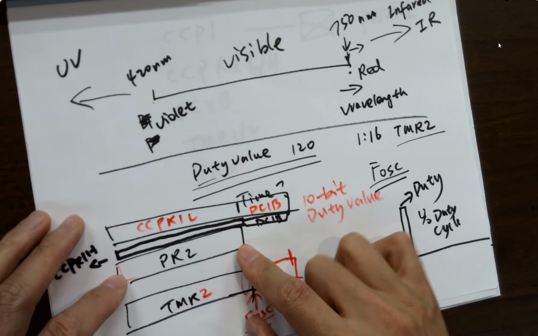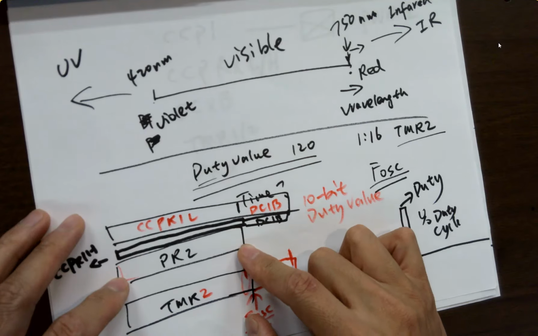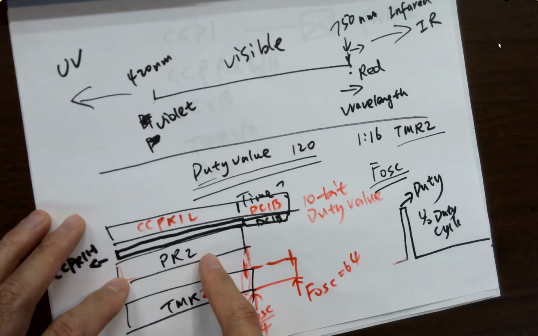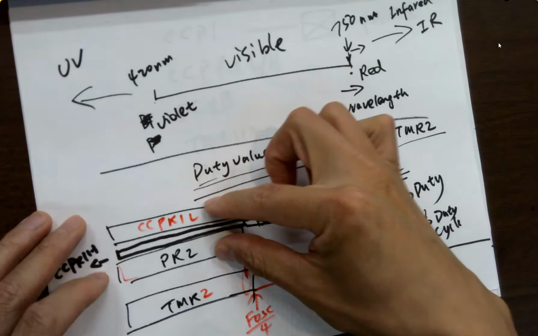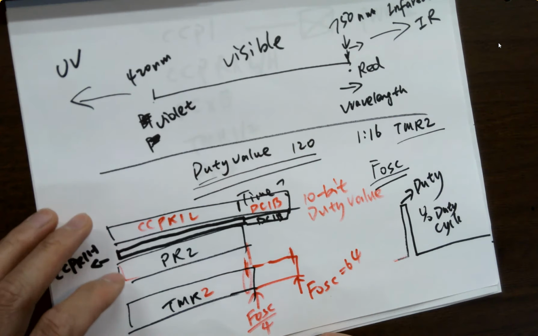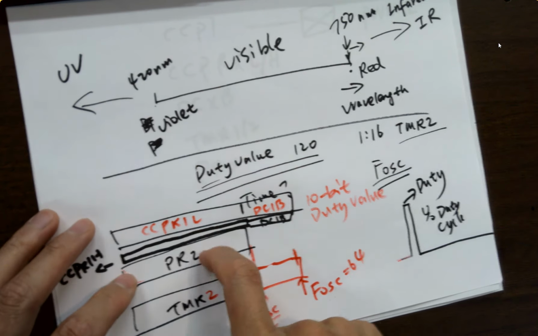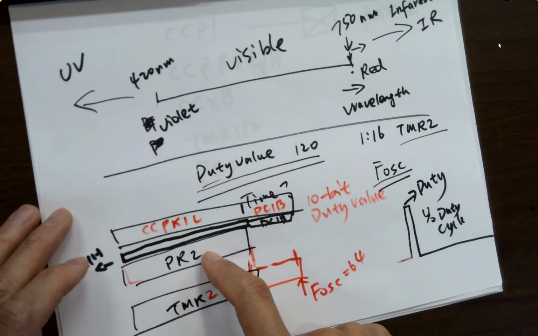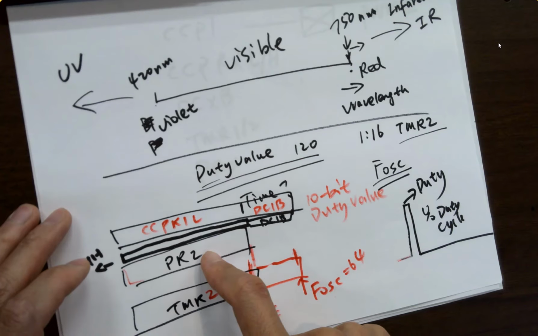Okay, why not this one first? Because the period will be larger than the duty value. Can you make this one larger than this? The period's not changing, the timer is, right? These are all constants, right? Can you make this one larger than this? No, you can't, because the period can't be larger than the duty. But why?